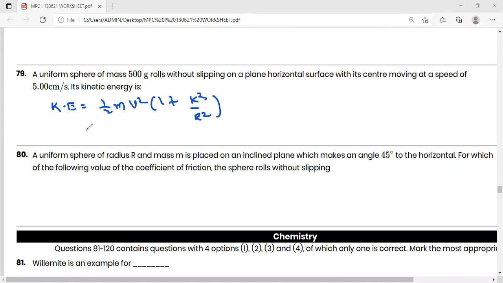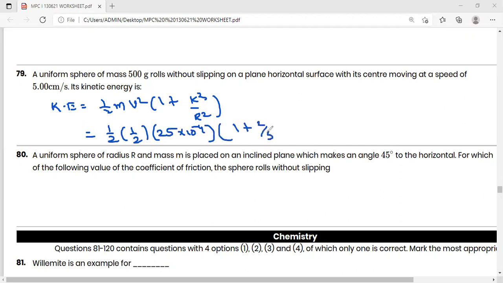Since it is a uniform sphere, you can take it as a solid sphere. So half into mass 500 grams, in terms of SI unit, half kg, into velocity square, velocity is 5 centimeter per second, that is 5 into 10 power minus 2. Square will be 25 into 10 power minus 4, into 1 plus k square by r square.